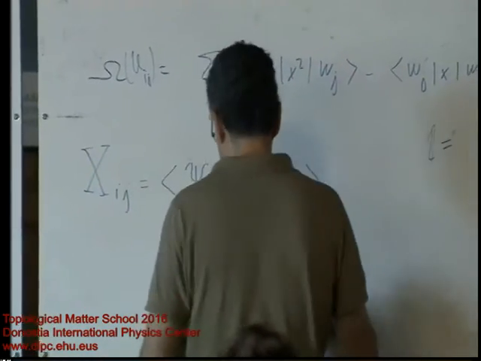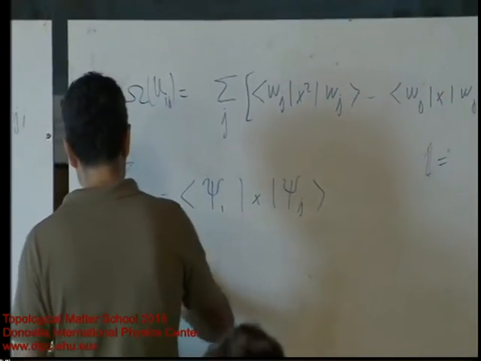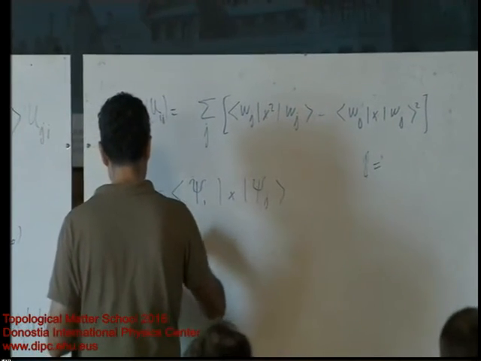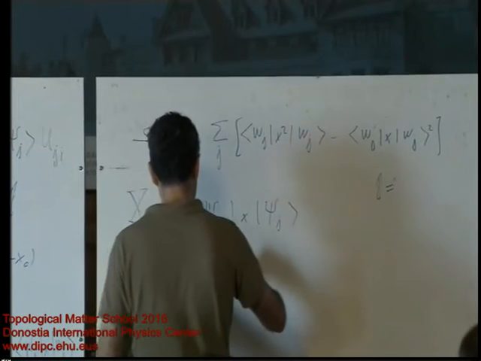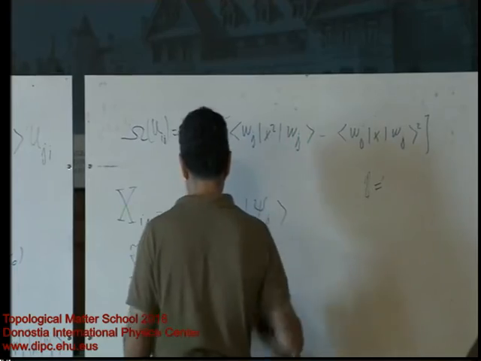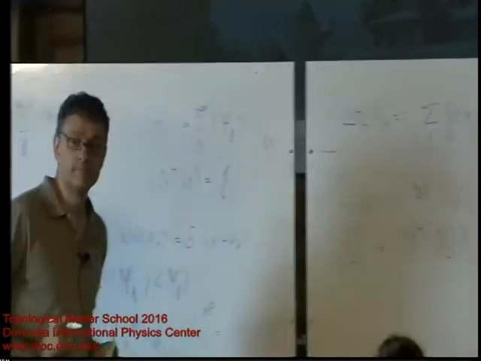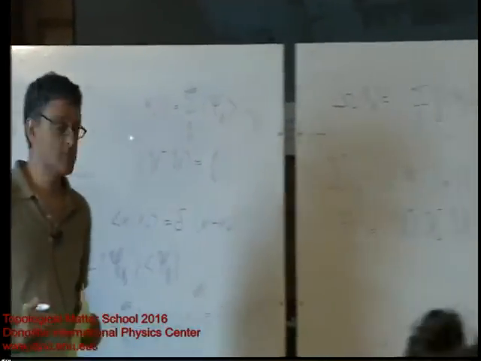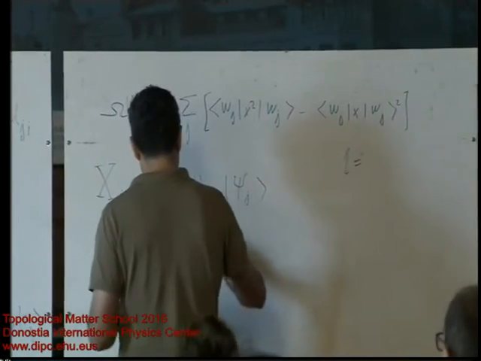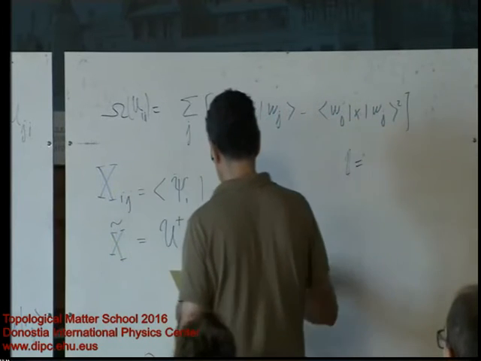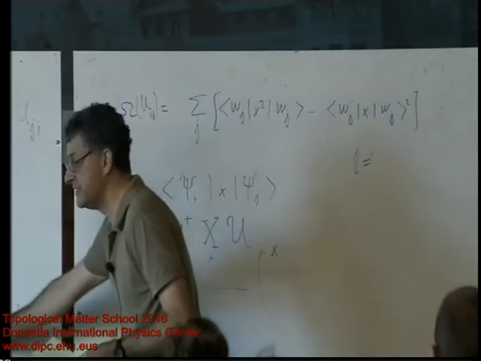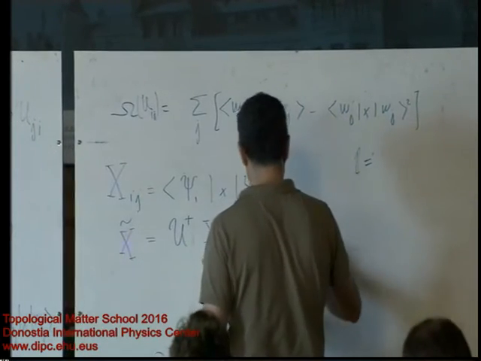Okay, then I diagonalize this matrix to get a new matrix X tilde, and U is the unitary matrix that diagonalizes X. And then on the diagonal, what you have is just these centers of mass of the various orbitals.